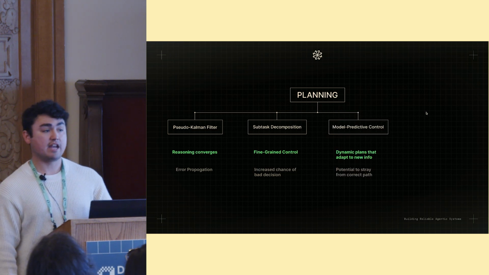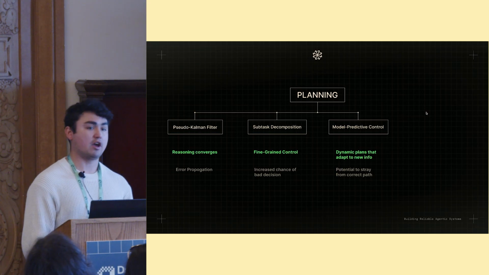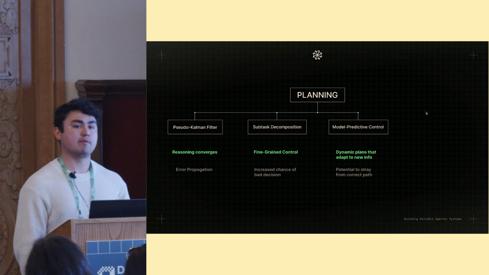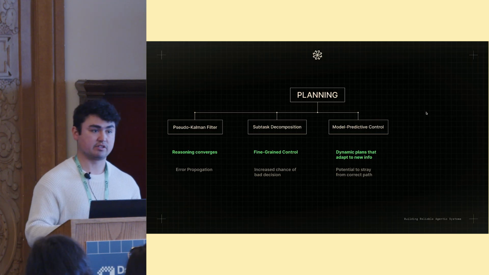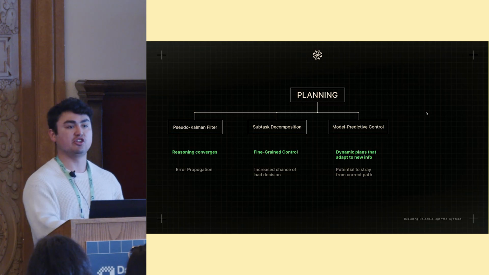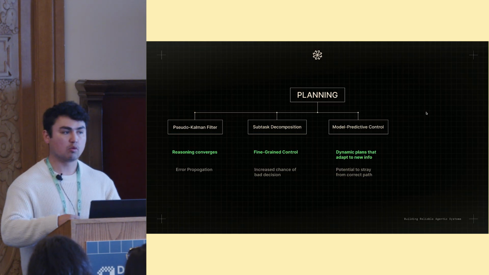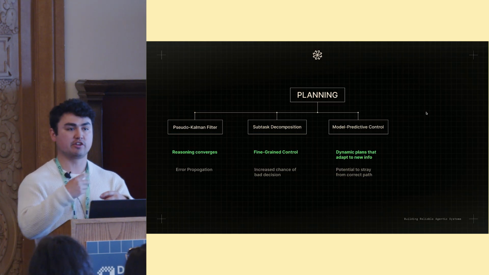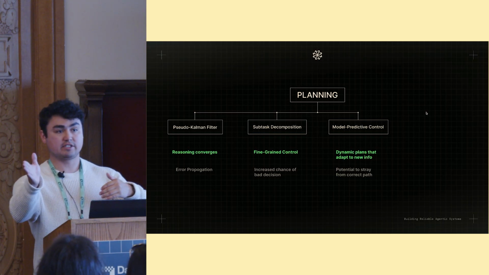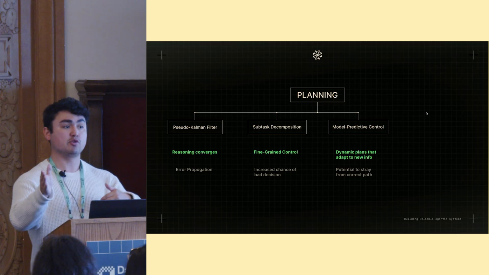The third idea, again inspired by AVs and other robotics problems, is model predictive control. A lot of the time when you're working on autonomous systems, the challenge is, how do you get it to react to new information, right? As you're working on a plan, you're searching. Suddenly, that original plan that you had to do X, Y, Z is wrong because you found some new information.